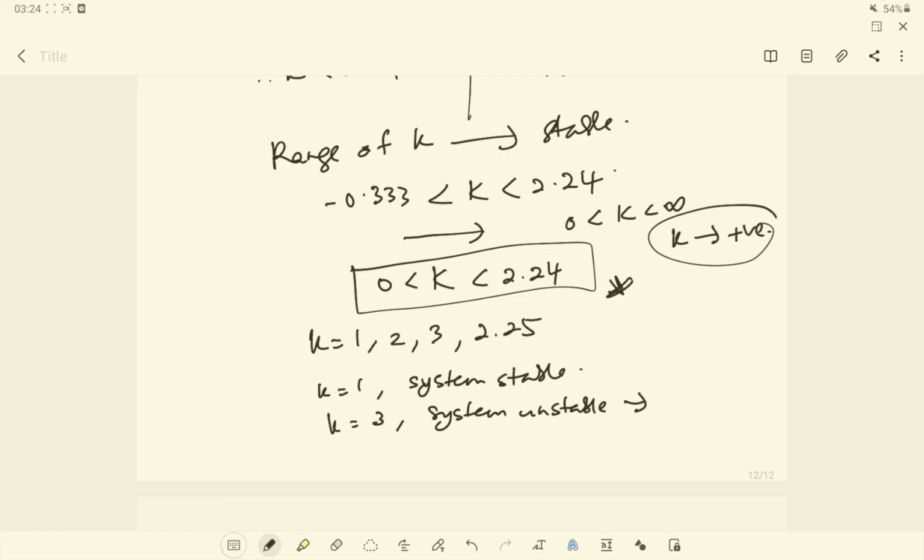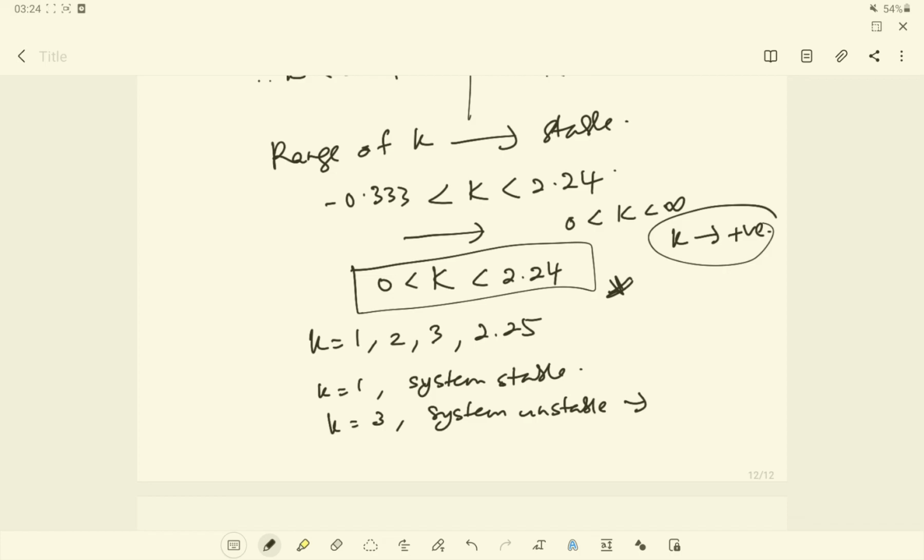Okay, so I think that's all for digital control systems. I have already chunked it into 3 parts: 1, 2 and 3. It's a very detailed explanation, but the idea is there. We already covered how to convert from analog to digital systems, and then how to find the value of K in order to make the system stable.